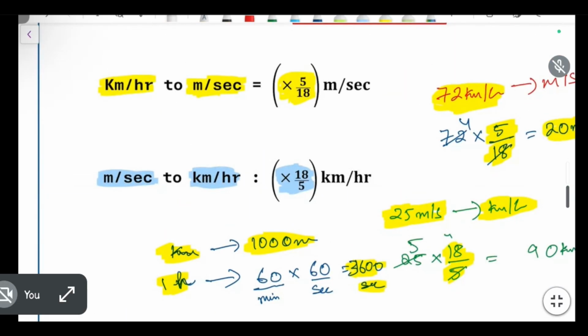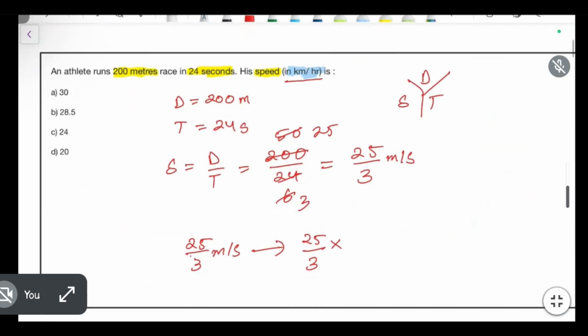Now I want to convert from meter per second to kilometer per hour. Then the formula is into 18 by 5. 5 5s are 25, 3 6s are 18. So which means 5 into 6 is what we are left with, is equal to 30 kilometer per hour.